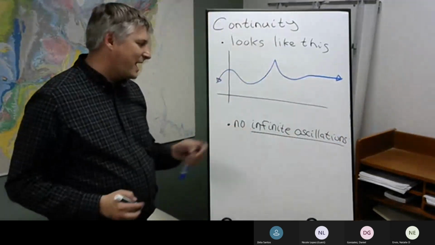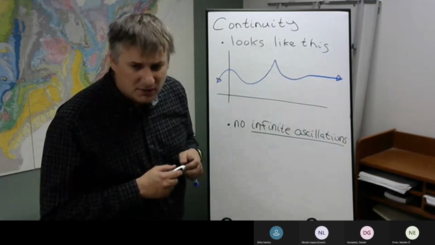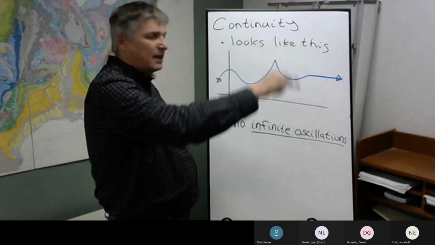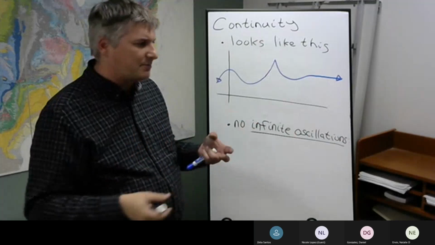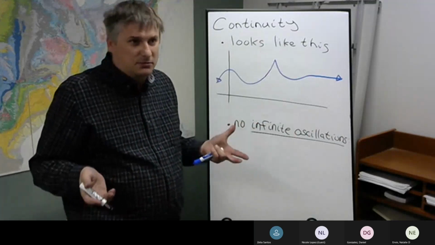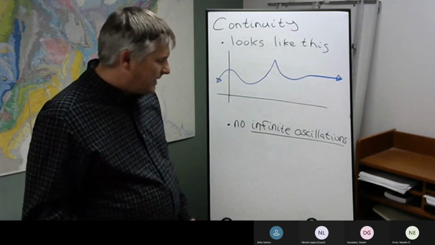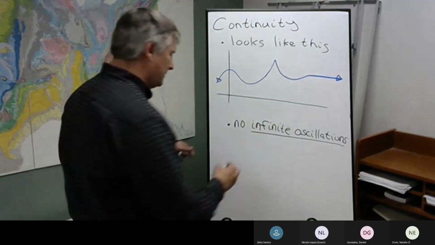I'm going to attach this adjective: infinite oscillations. It's not just oscillations. Like the sine function oscillates, that's fine. There's no jumps, there's no gaps. It's, as you'll discover later on, a reasonable function. An infinite oscillation is something like this.